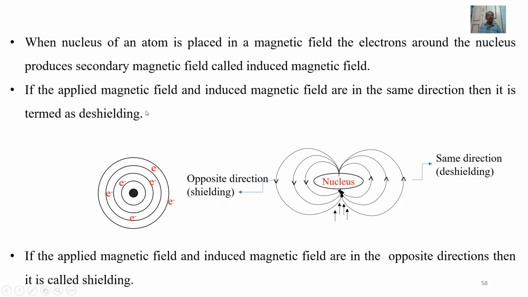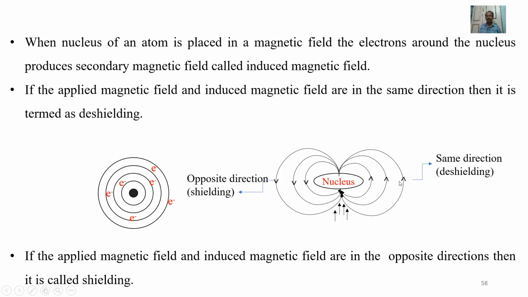When a nucleus of an atom is placed in a magnetic field, the electrons around the nucleus produce a secondary magnetic field called the induced magnetic field. If the applied magnetic field and induced magnetic field are in the same direction, as shown in the figure, then it is termed de-shielding.